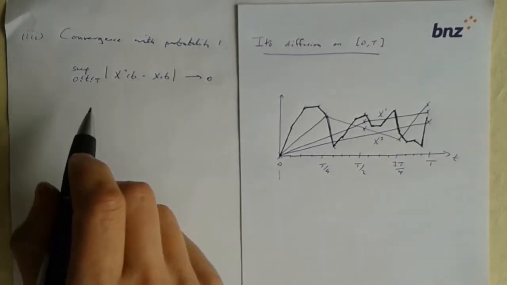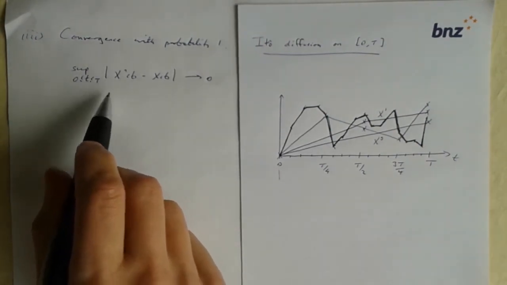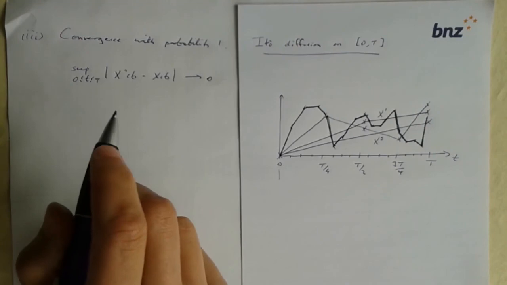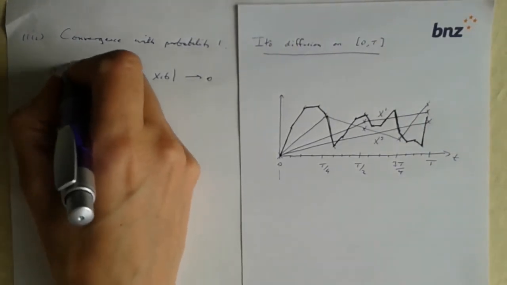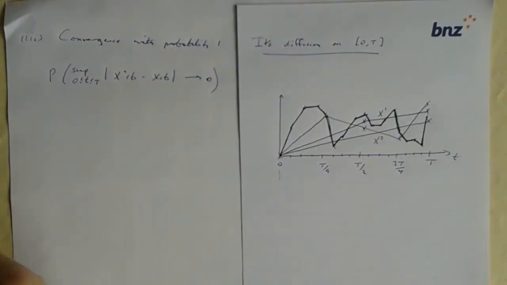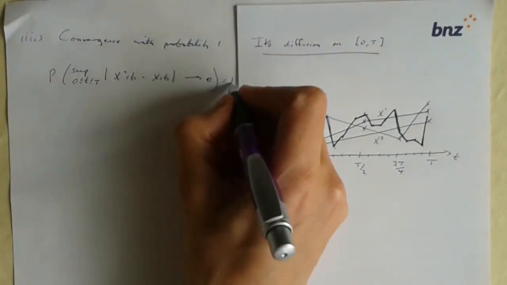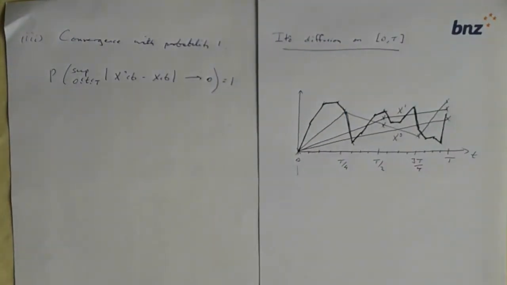It's a random variable after all, or a sequence of random variables here, so that it converges to 0 is an event, and we could consider the probability of that event, and what we want is for the probability of the event to be 1. That's convergence with probability 1.